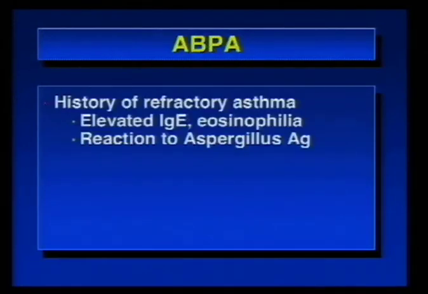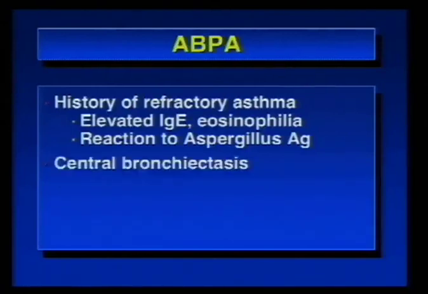Okay. With that, talking about plugged bronchi, allergic bronchopulmonary aspergillosis is associated with asthma. So they have elevated IgE, eosinophilia, and reaction to Aspergillus antigen. If you hear the history, eosinophilia, think that this is a possible diagnosis when you look at the images.